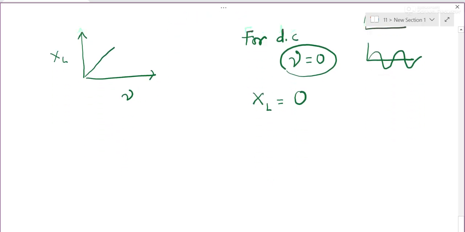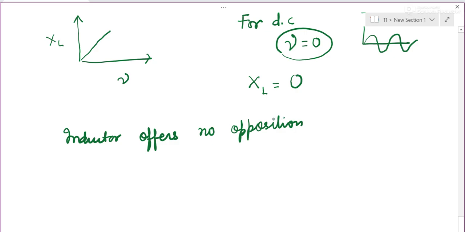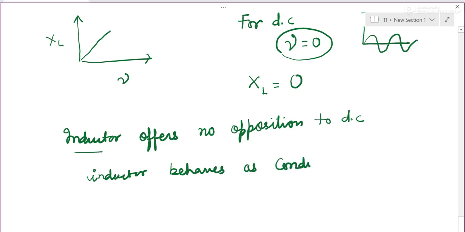Frequency 0, X L 0. This is an important concept: an inductor offers no opposition to direct current. The inductor behaves as a conductor to direct current. It's important.